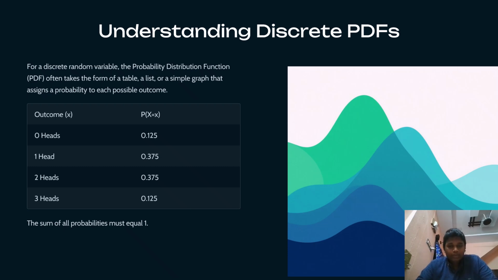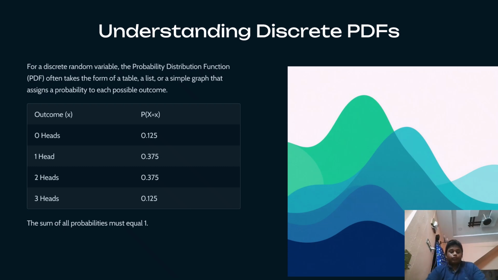Let the values of x be x1 equals 0, x2 equals 1, x3 equals 2, x4 equals 3. The probability p of x1 for getting 0 heads is 1 by 8, equal to 0.125, as given in the table.